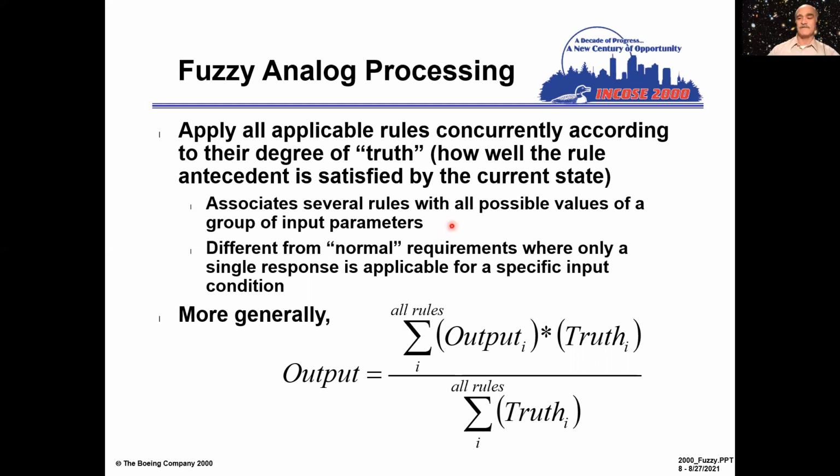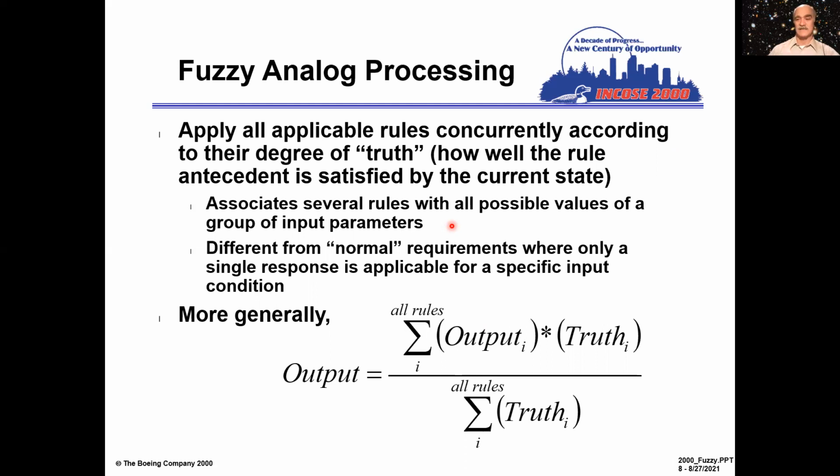That's different from normal requirements, because in normal requirements, we have a set of inputs defined with respect to an output, and we only process that requirement when those inputs are true.